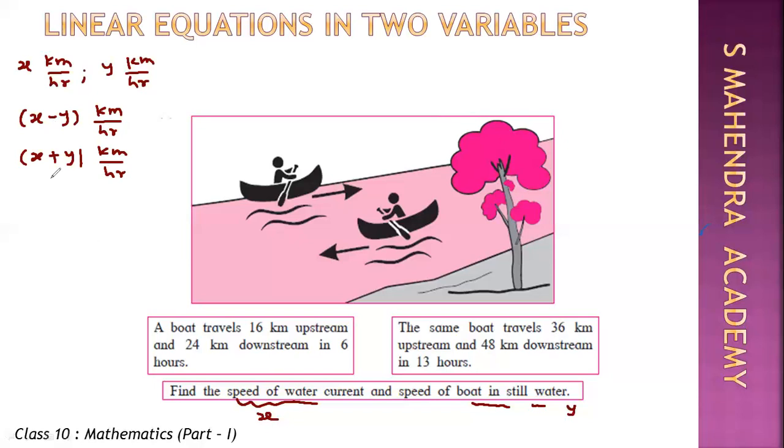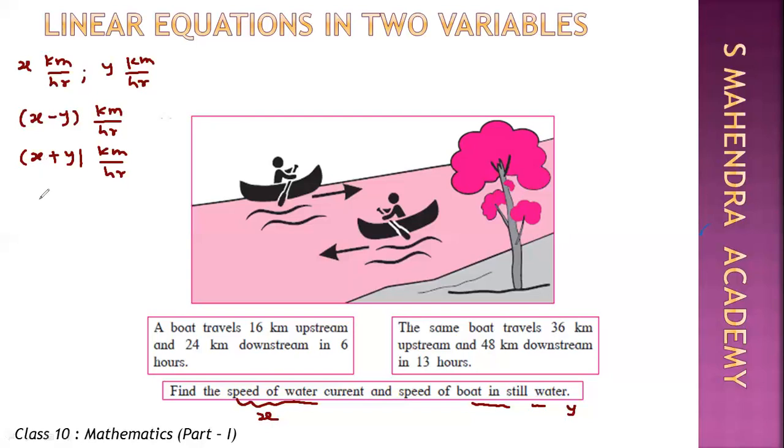Now, here a condition is given: a boat travels 16 km upstream and 24 km downstream in 6 hours. So we have to convert this 16 km, 24 km with the help of speed and time.